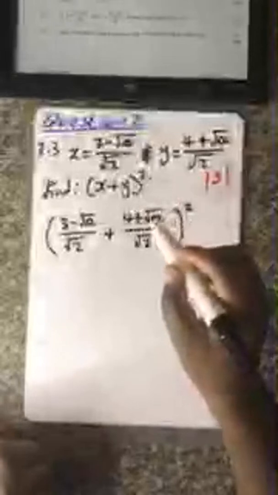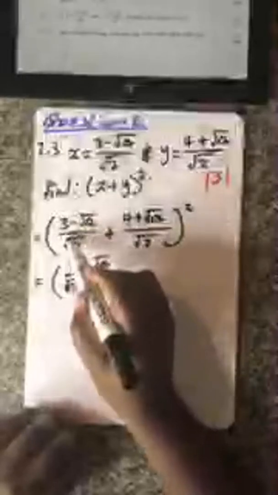Now what you do next is try to expand these two. It's easy and straightforward. So that means you've got this as the same as 3 square root of 2, then a minus sign, then the square root of 2. You can only expand it this way because the whole of this is divided by that square root of 2. Then you plus, you do the same.